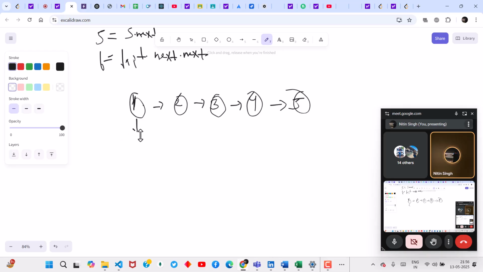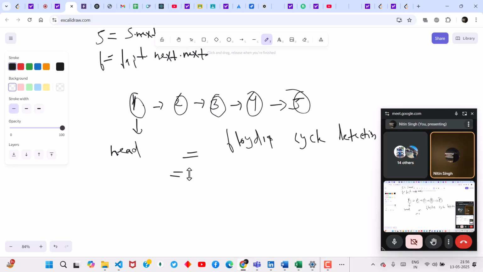This is my head node, and I'm going to use this algorithm here also, Floyd's cycle detection. Everything else will be the same.